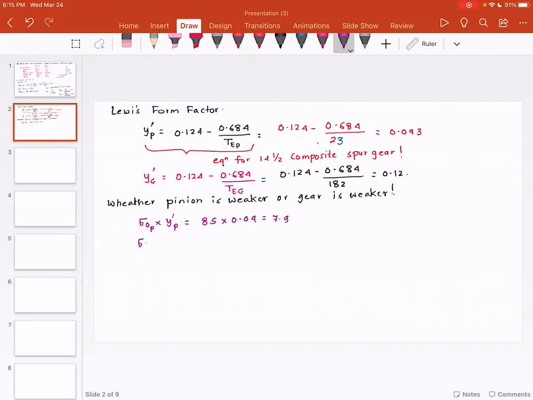And for the gear, sigma OG times Y prime G is equal to 55 multiplied by 0.12, that gives me 6.6. So in this case, as you can observe, the gear is weaker.